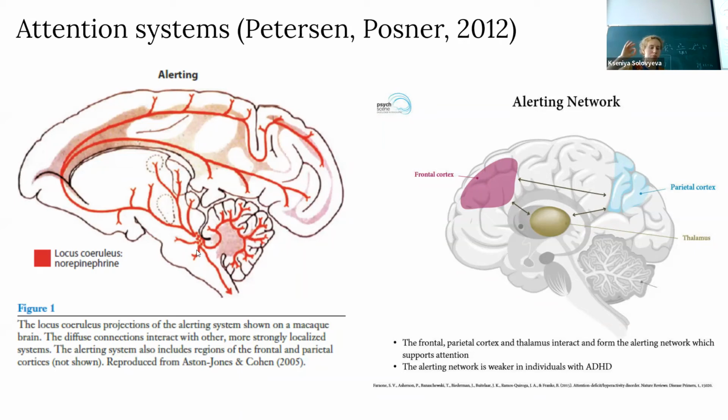It's a part of the brain which produces norepinephrine, or noradrenaline, a kind of neurotransmitter, and the neurons from the locus coeruleus project almost everywhere in the cortex and in the cerebellum, and this is a kind of general switcher. So you can be more alert or less alert, a kind of general modulation.